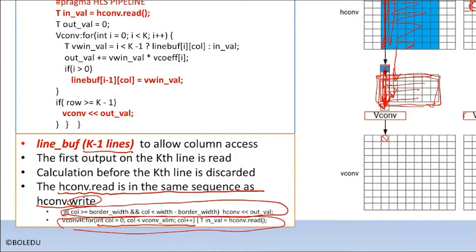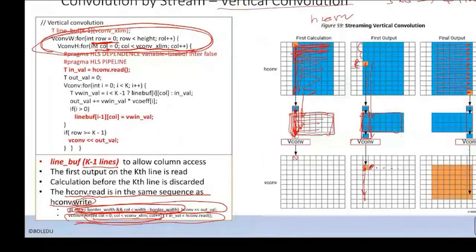This index looks different because of the column greater than border width and column less than this. The condition has to be exactly matched to ensure they are in line with the sequential access. You can study the code and find that the push and pop are exactly in the same sequence.